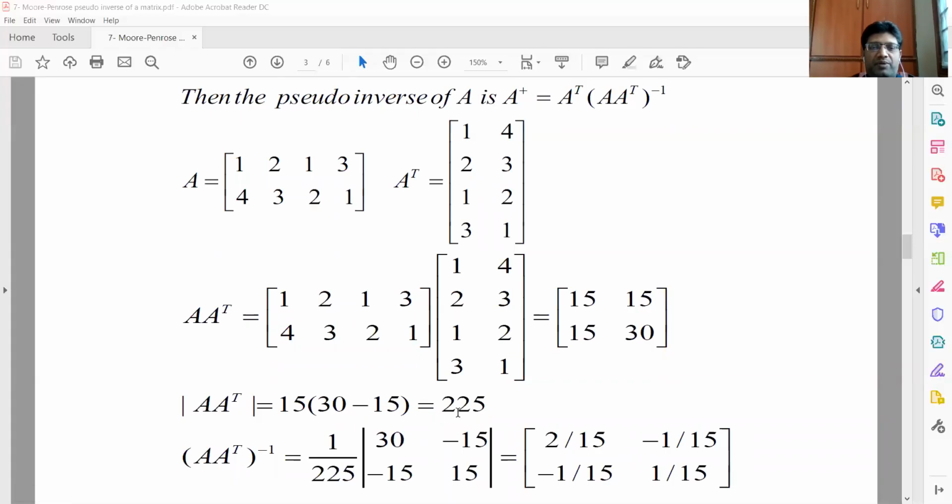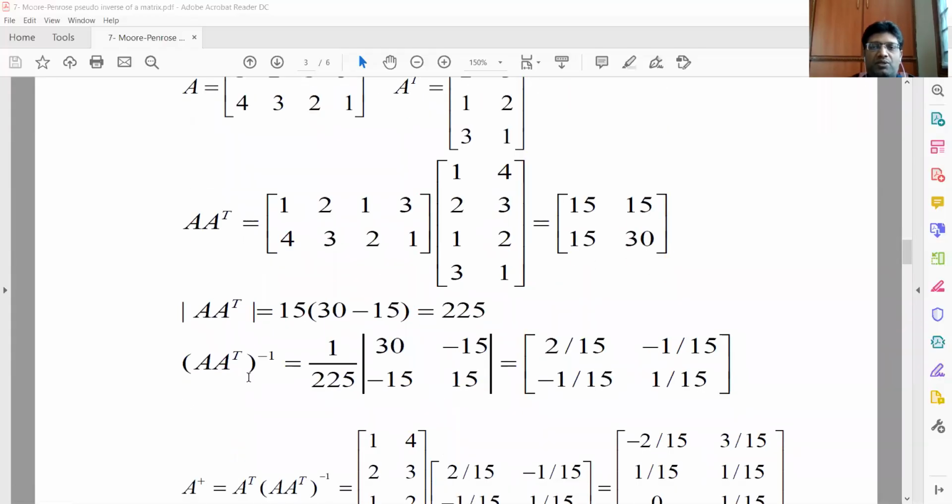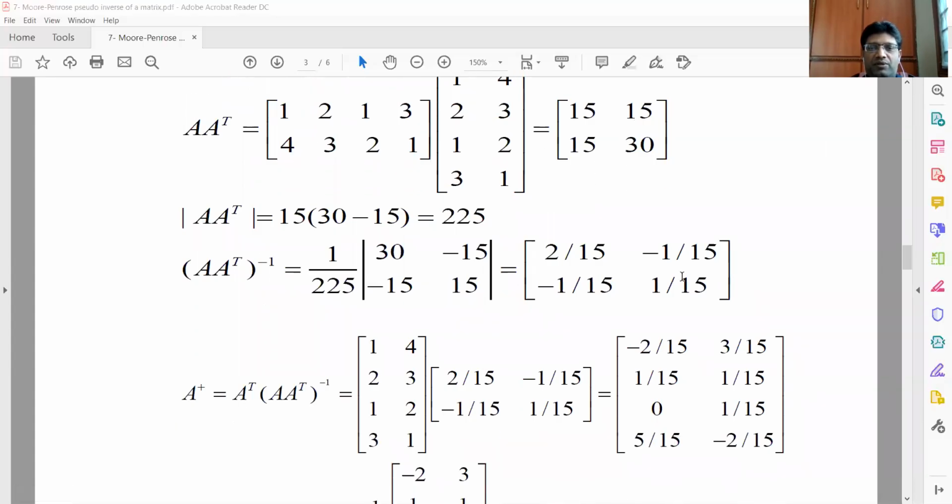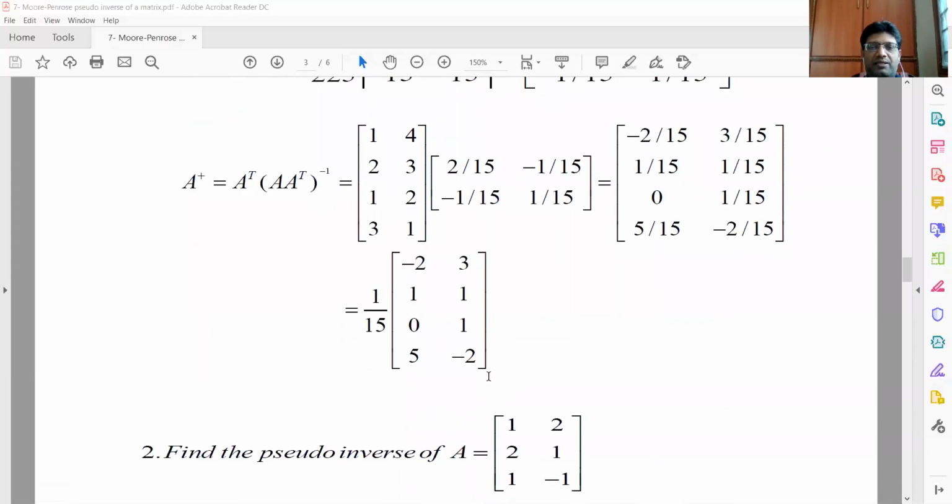So take its determinant and use the 2 by 2 matrix inverse formula, 1 by det A, 15 into 30 minus 15 into 15, plus interchange this 30 and 15, and change the signs here. So this is the inverse we got. Finally, the pseudo inverse is A transpose into the inverse we just calculated. If you multiply, you will get this one. So this is the inverse of the rectangular matrix.